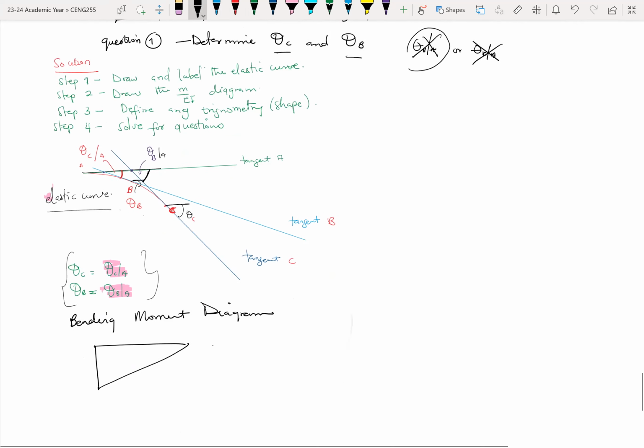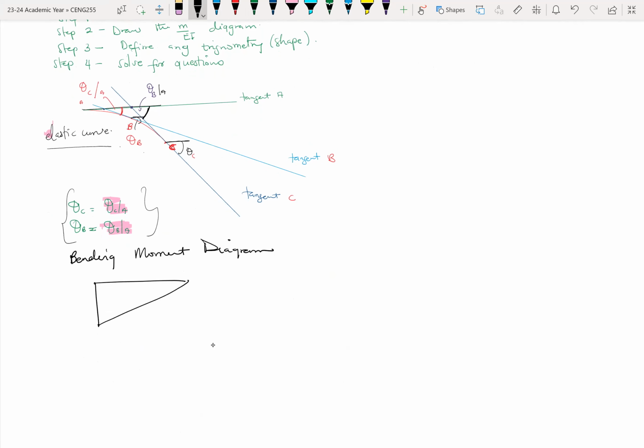So this is 100 over EI. If for some reason you don't know how to draw those things, kindly let me know. I'm assuming we should know that from our basic structures class. You can type in the chat and then I can be alerted, right?